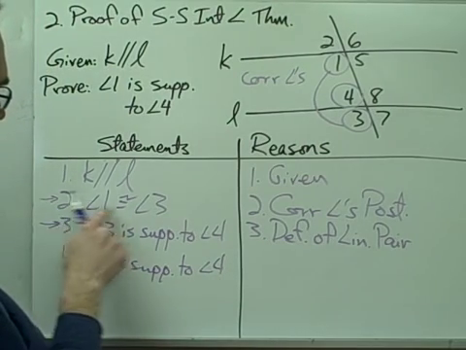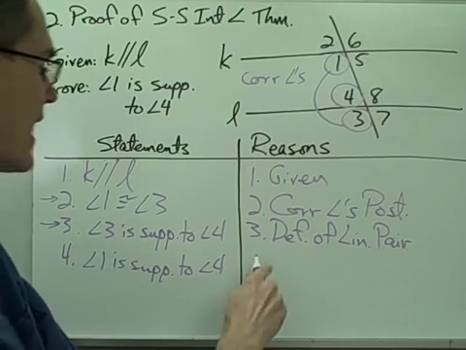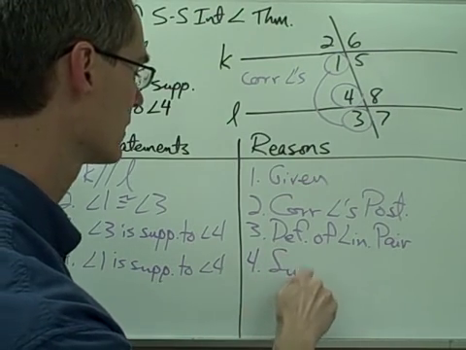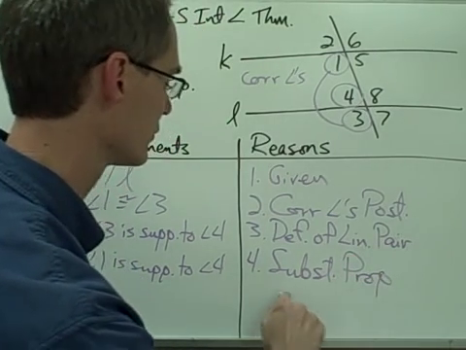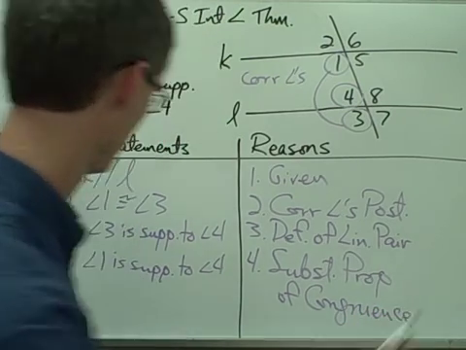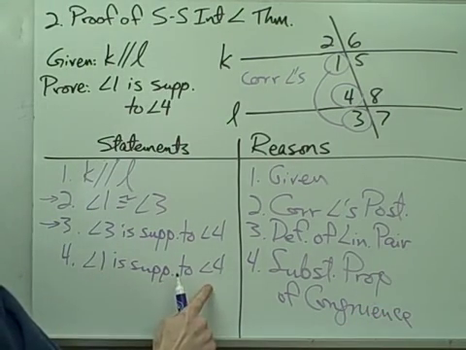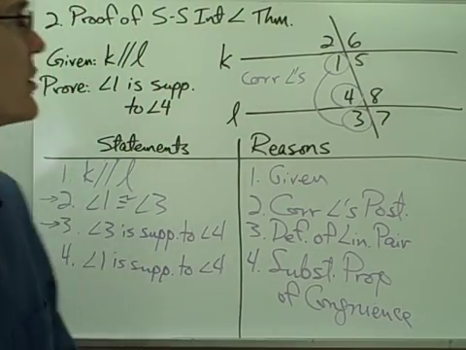I've just substituted angle 1 for angle 3. And I know that I can do that because of the substitution property of congruence. And I've just proven that angle 1 is supplementary to angle 4, which is my proof of the same side interior angles theorem.